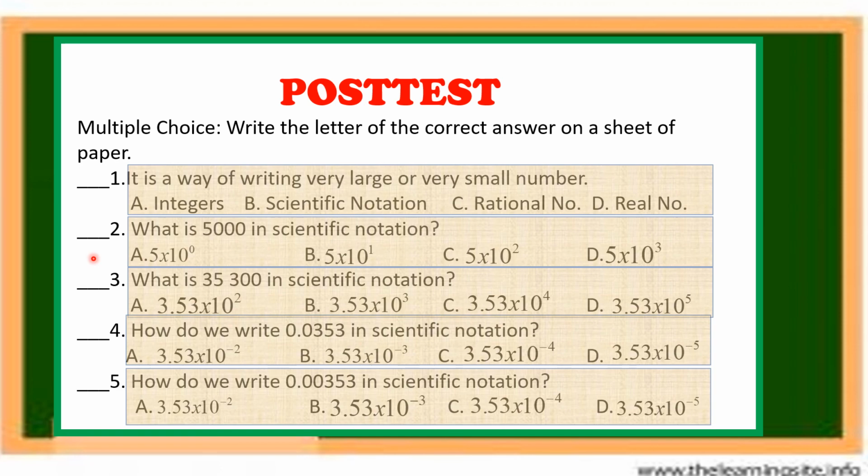Last number, how do we write 353 hundred-thousandths in scientific notation? 3.53 times 10 raised to negative 2. 3.53 times 10 raised to negative 3. 3.53 times 10 raised to negative 4. Or 3.53 times 10 raised to negative 5.